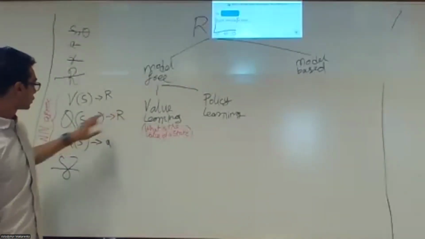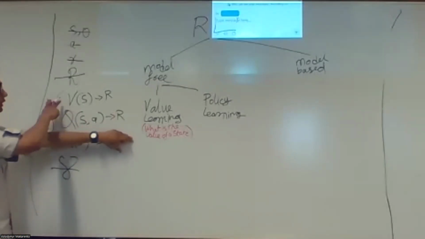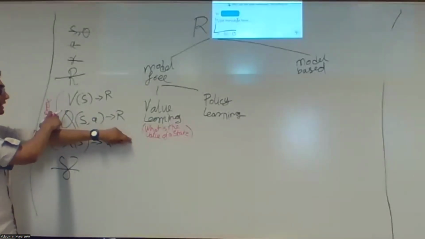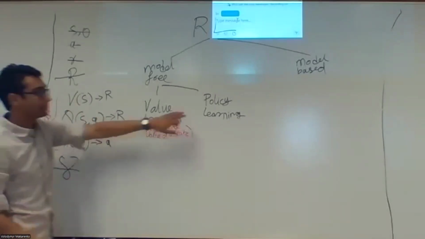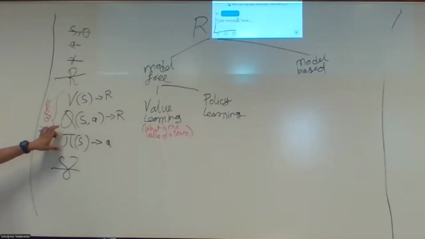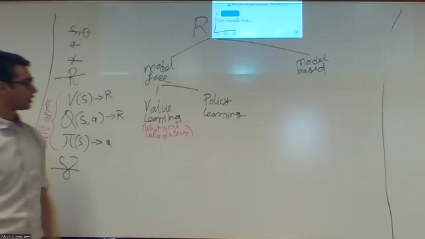So with value function, you only learn a neural network approximation for either V or Q, and then you do a search using V or Q for the best action. With policy learning, you learn a neural network for the policy itself.